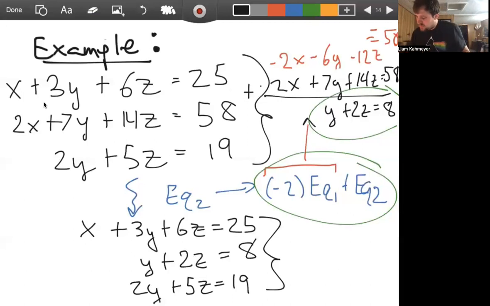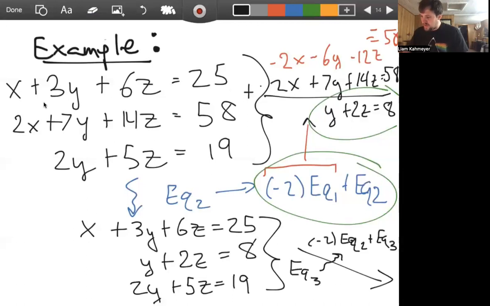And so what I want to do in the next step here is take equation 3 and replace it with -2 times equation 2 plus equation 3.